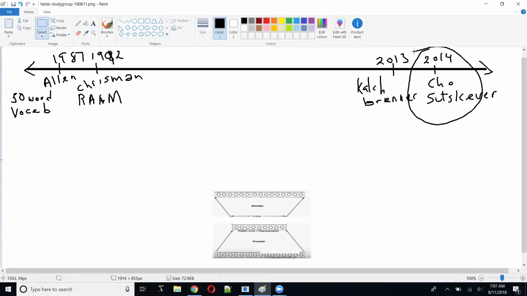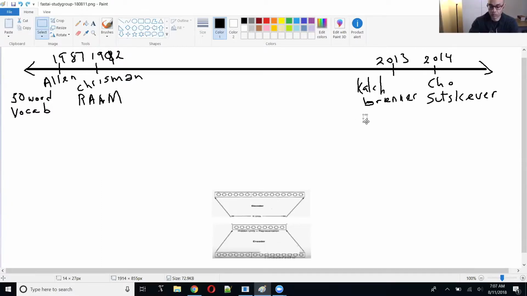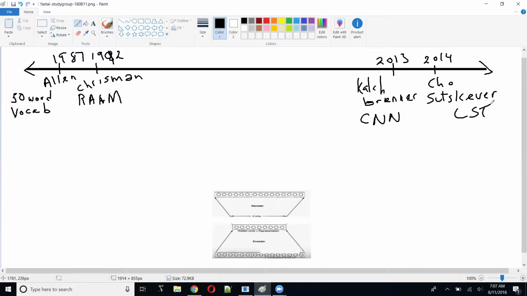Kalchbrenner used CNNs, and Sutskever used an LSTM, and Cho used a GRU, which I think we learned in this lesson.